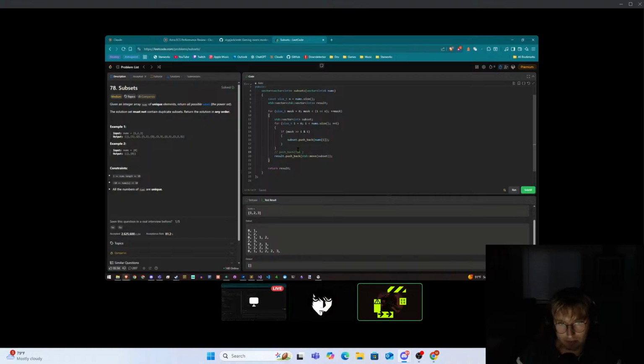Instead of copying it, because if I didn't do that, this would copy the memory from this vector into this vector. But I don't need this anymore because whenever I go on to the next iteration, I'm redeclaring it anyways. So since I'm done with it, I can directly move the memory instead of copying the memory. Okay.